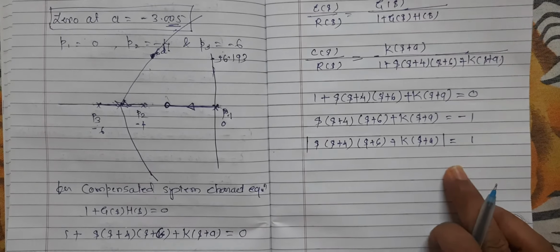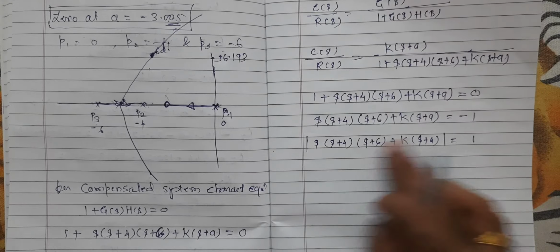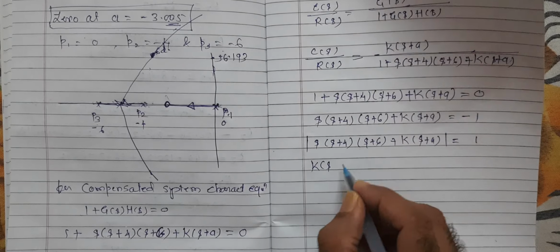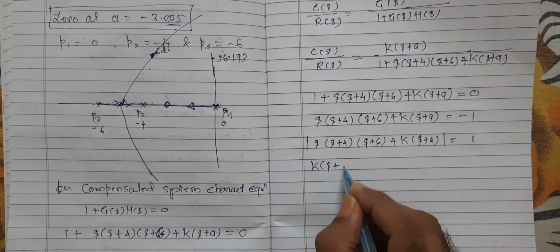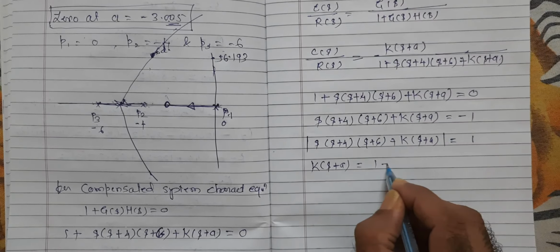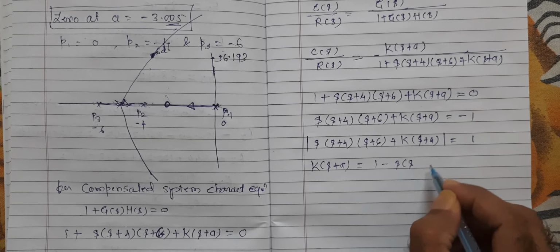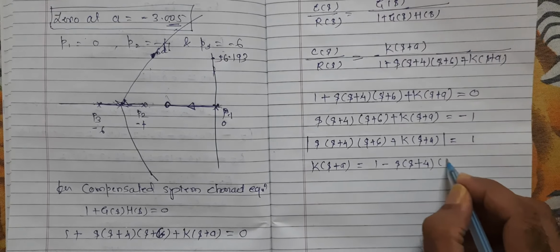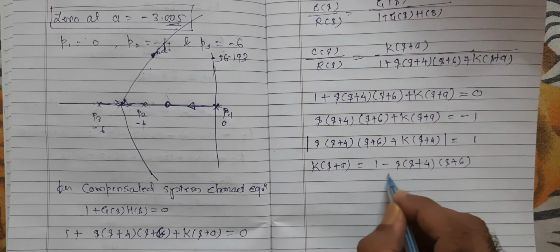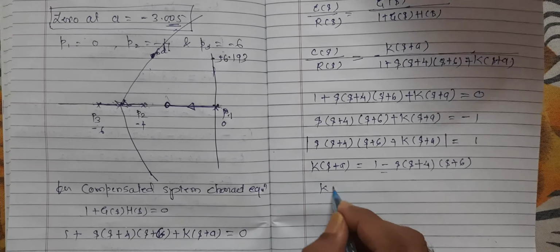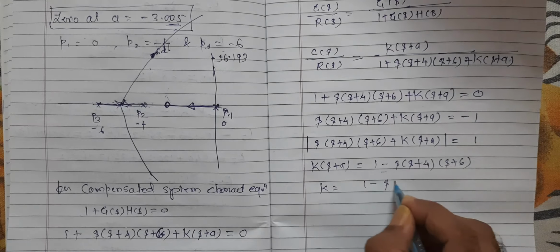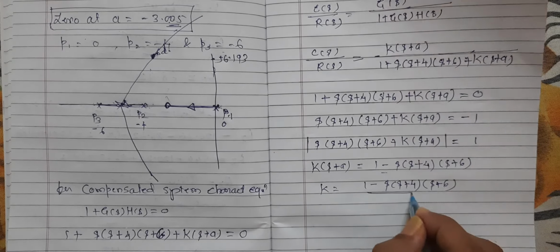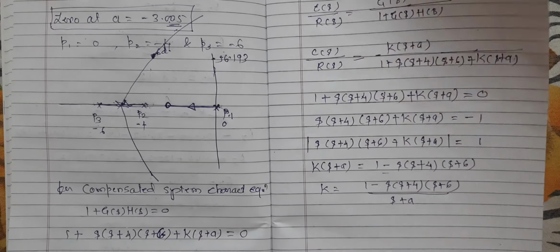So K into (s plus a) equals 1 minus s into (s plus 4)(s plus 6), so K equals 1 minus s into (s plus 4)(s plus 6) divided by (s plus a).